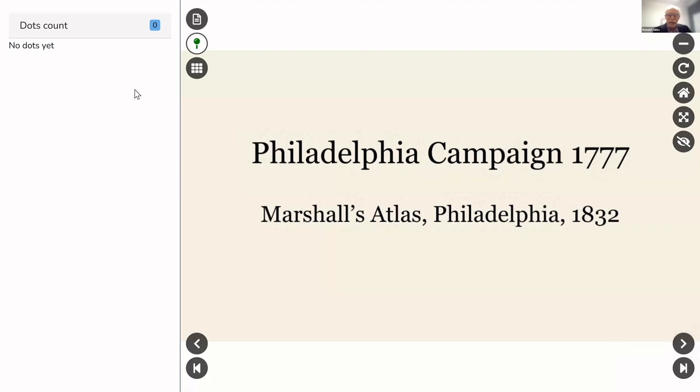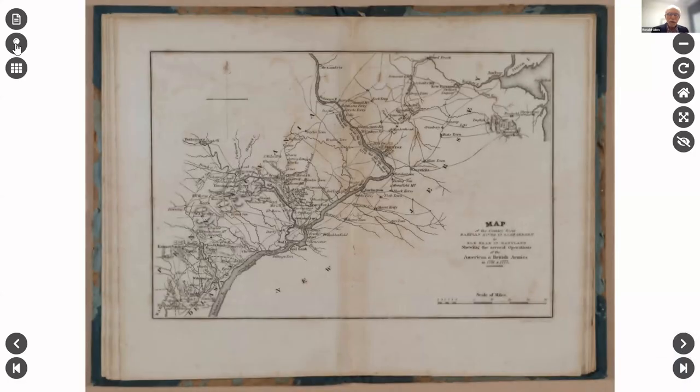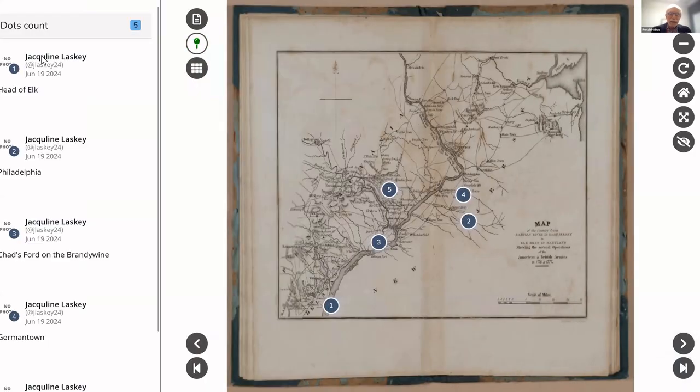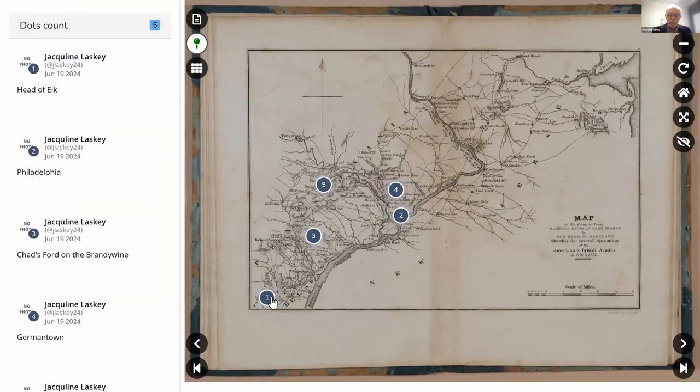So this map again is from Marshall's Atlas and shows in detail the Philadelphia campaign. Next slide. So we see coursing down here the Delaware River, Pennsylvania is to the left, New Jersey is to the right. At dot number 1 shows Head of Elk, Maryland, not very far from where most of you are situated right now.